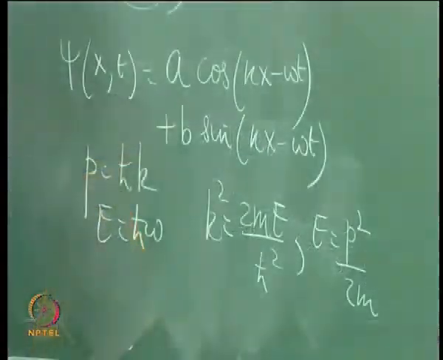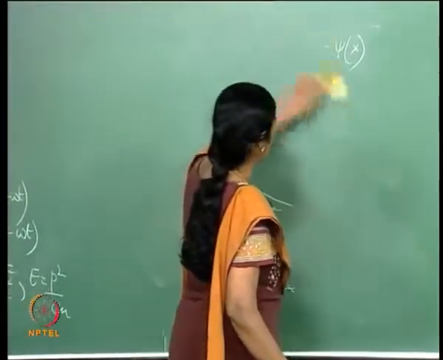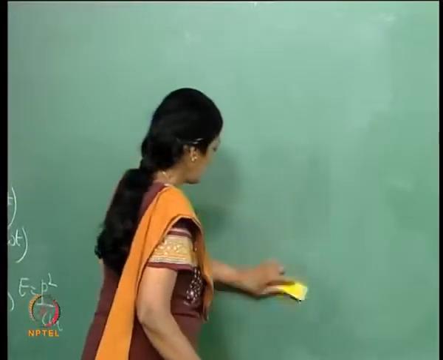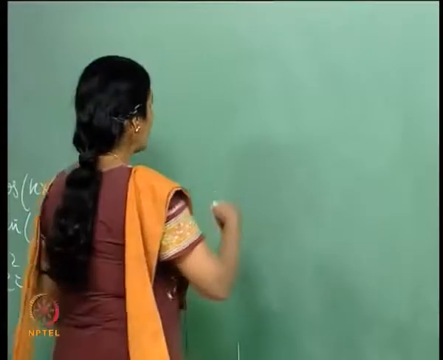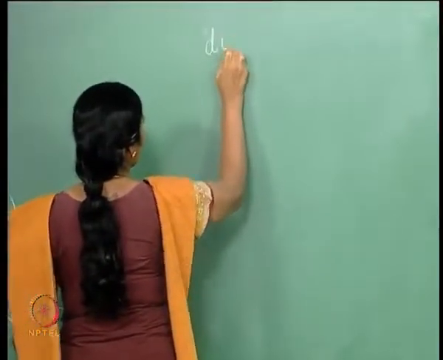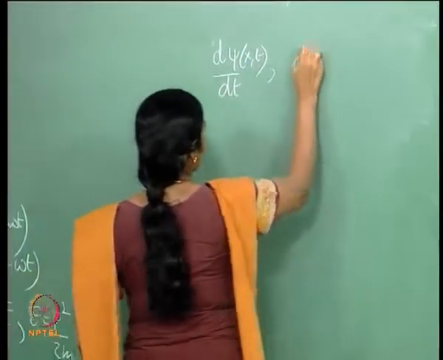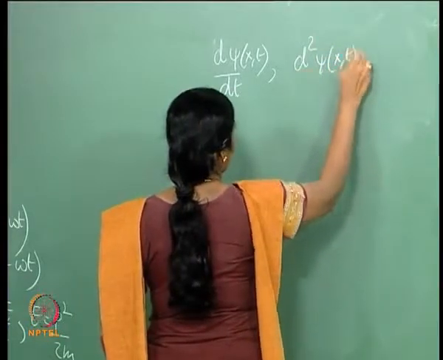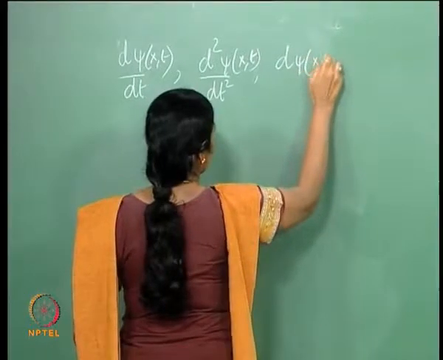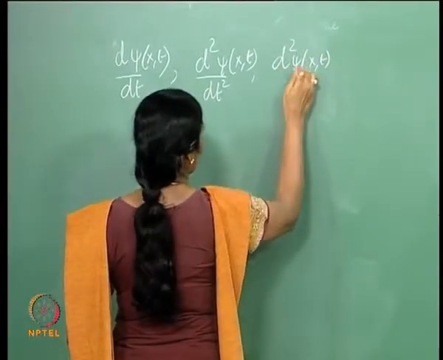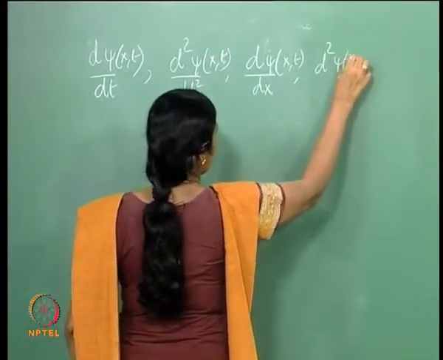So if I have this solution for psi of x, t, it's worth finding out what the differential equation is which is obeyed. What is the differential equation which is obeyed by the wave function? So the differential equation can be got by trying to find out d psi of x, t by dt, d2 psi of x, t by dt squared, d psi of x, t by dx, and d2 psi of x, t by dx squared.